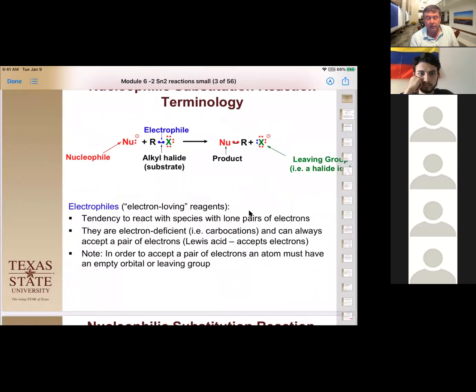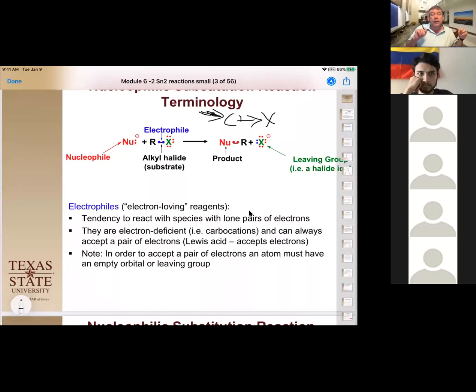Because as we have that polar bond between the carbon and the halogen here, that means the carbon is the electrophile side of that bond. That means the nucleophile is going to attack the more positive portion of that bond. No matter what that bond is, it's going to attack the more positive side, okay?